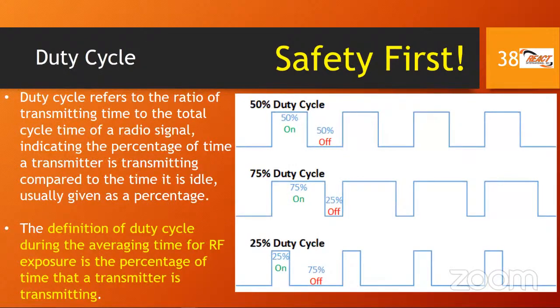Okay, we need to be familiar with a concept known as duty cycle. So duty cycle, we have a little graph here that visually illustrates what it is. So I may be looking to run on a track. So I will run for 5 seconds, and then I will stop for 5 seconds, and I will run for 5 seconds, and then I'll stop for 5 seconds, and I'll run for 5 seconds and stop for 5 seconds.